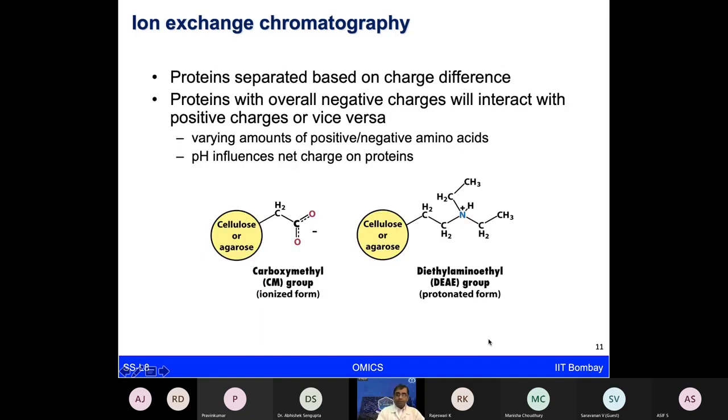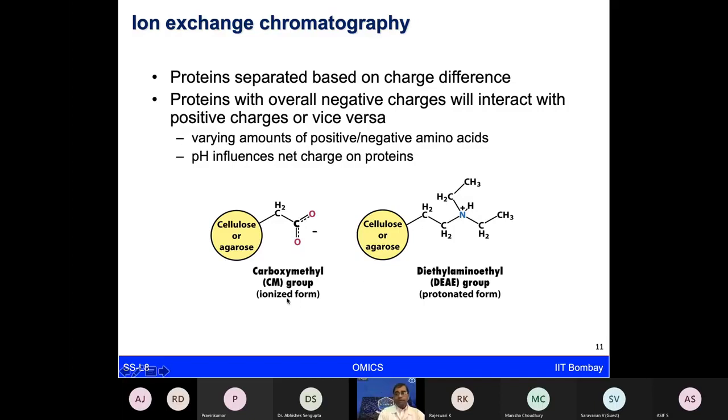Now, if you have charge differences, because as you know in amino acid side chain chemistry, some are positively charged and some are negatively charged, the overall positive or negative charge can be utilized as a way to separate the proteins as well, in ion exchange chromatography, where you can have different types of matrix.